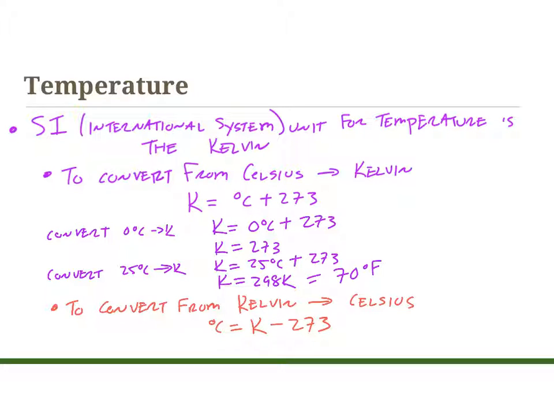So if I gave you a value like, convert 373 Kelvin to degrees Celsius, we would take degrees Celsius is equal to 373 K minus 273. That would give me a value of 100 degrees Celsius. Remember, 100 degrees Celsius is equal to the boiling point of water, which is equal to 212 degrees Fahrenheit.